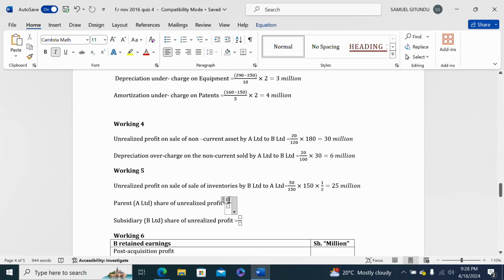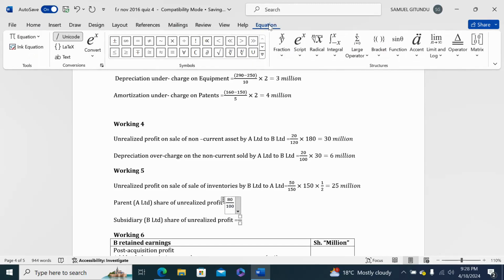So the parent share is 80% because the parent controls 80% of B. That is 80 out of 100. We multiply by 25 million, which we are getting 20 million.